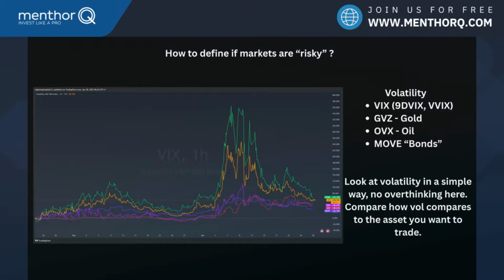Same for oil, the OVX, and the MOVE index for bonds. It works a little bit differently, but it also works if you are trading bond futures like the ZN, ZT, ZF, ZB, or the ultras with UB. It's not the worst idea to look at the MOVE index as well.